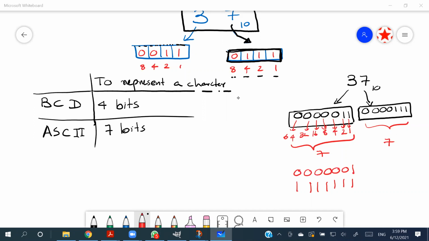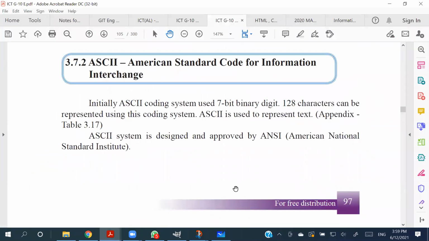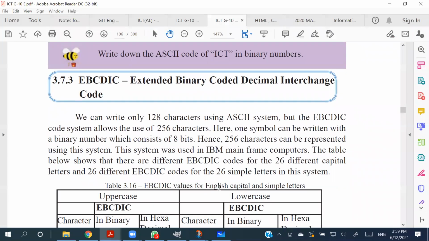They created something called EBCDIC, extended binary coded decimal interchange code, right?